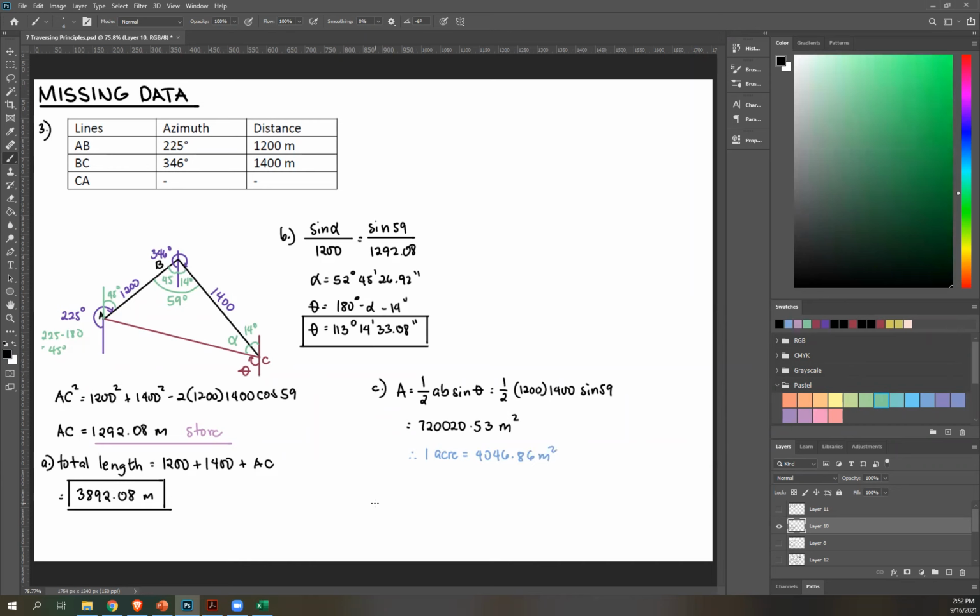So using that, 720,020.53 times the conversion factor, 1 acre is 4046.86 meters squared. Meters squared will cancel out. Final answer is 177.92 acres. Okay, and that's it for number 3.